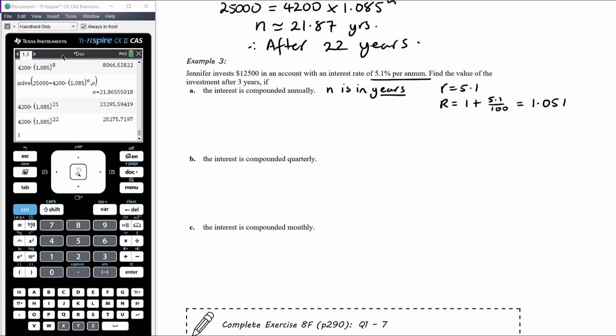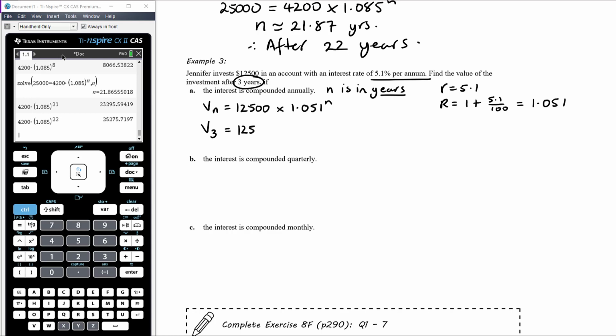Okay, so our rule then, Vn, is our initial value, 12,500, multiplied by R, which is 1.051 to the power of n.